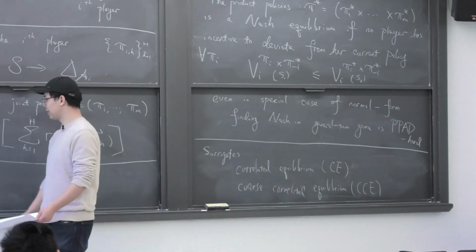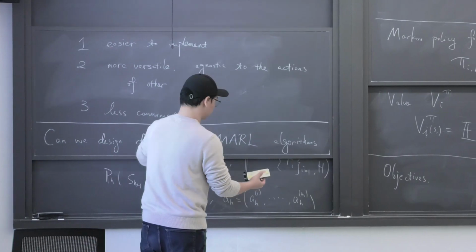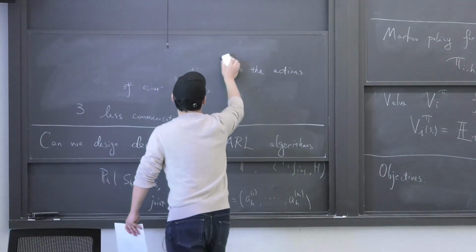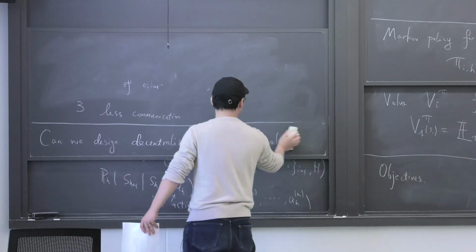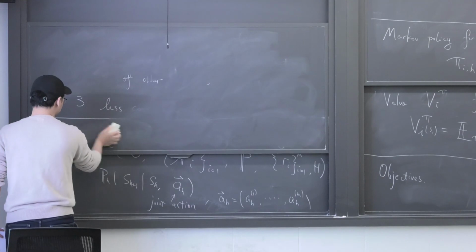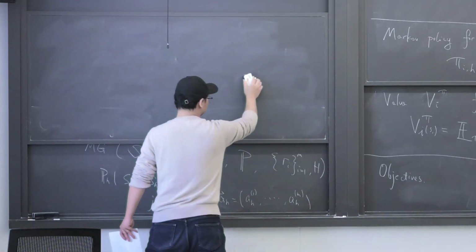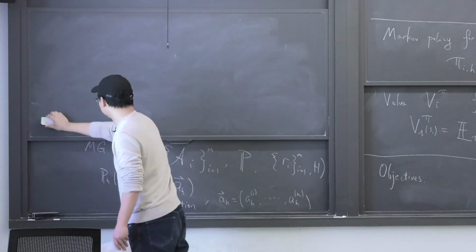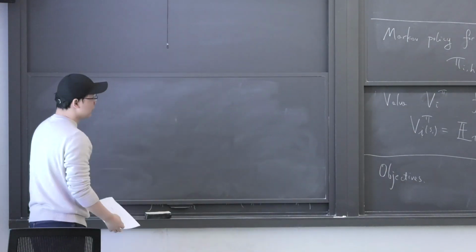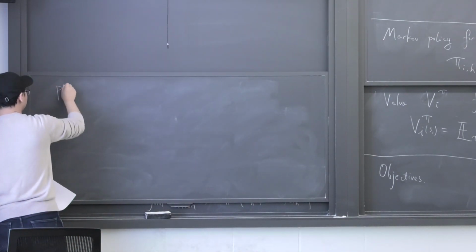So what is the correlated equilibrium, or what is a so-called correlated policy? Let's look at the difference between product policy and correlated policy.